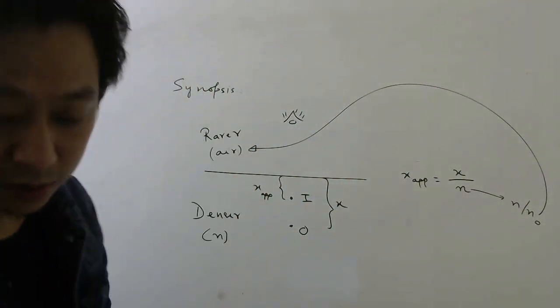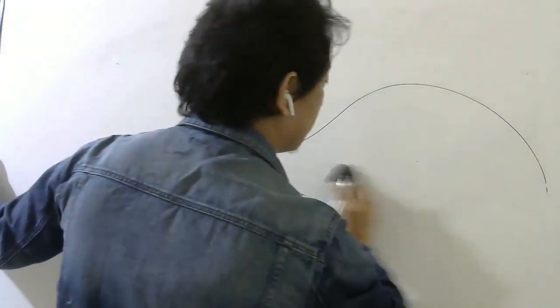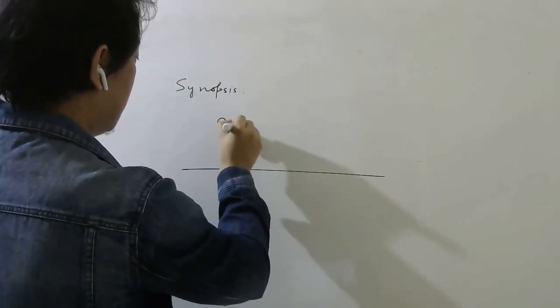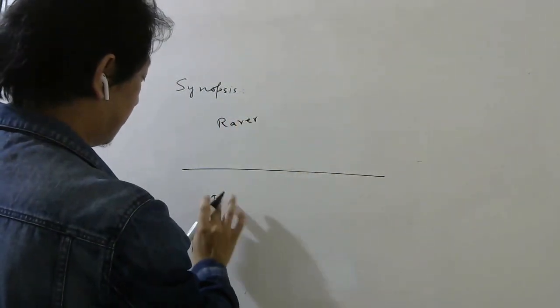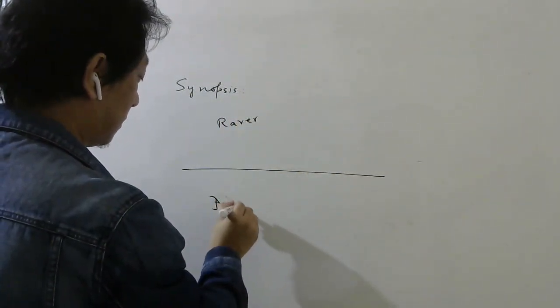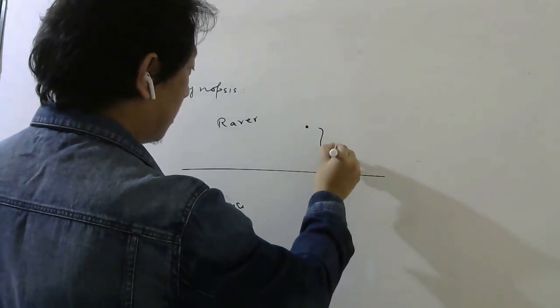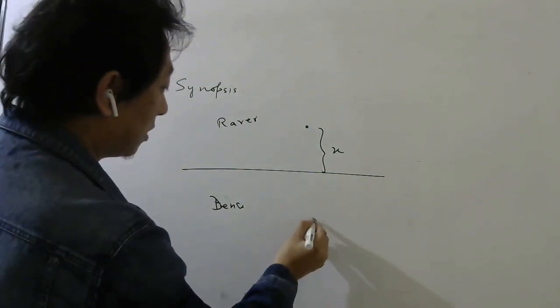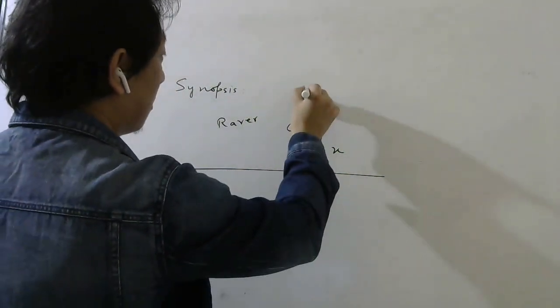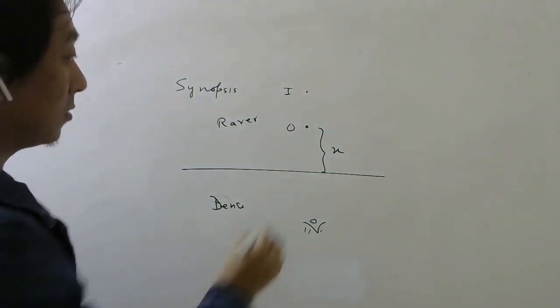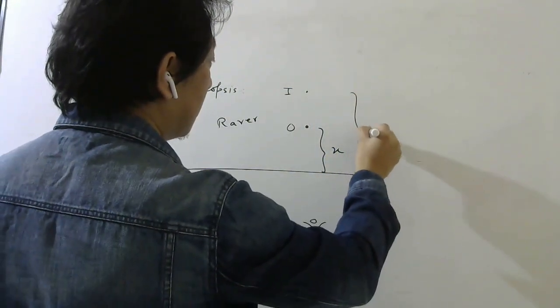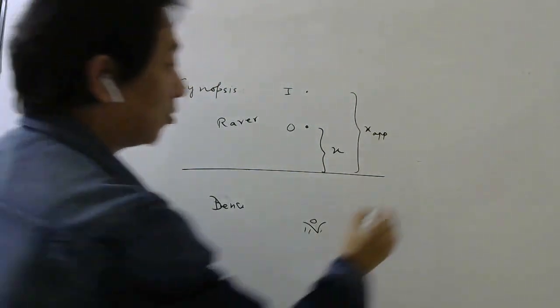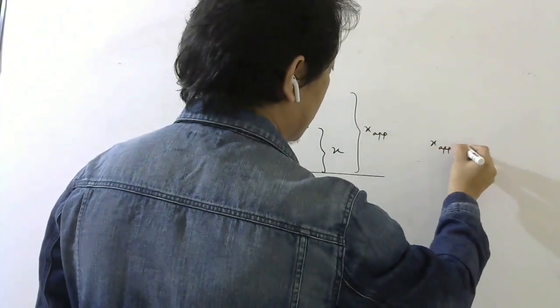Similarly, sometimes the opposite will happen. Opposite means your object is in the rarer medium and this is the denser. So the object is here, and this is the real height or real distance from the surface. When the observer observes this object, it will appear higher. So this will be your apparent distance, and now your apparent distance will be more.